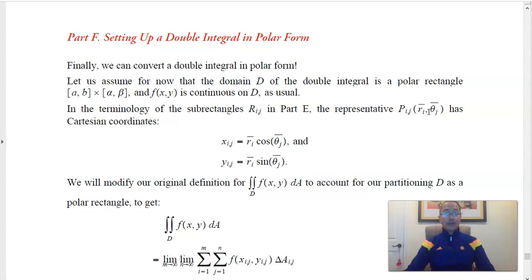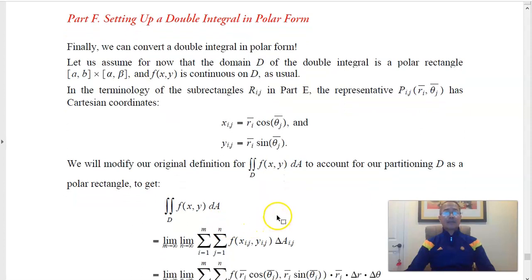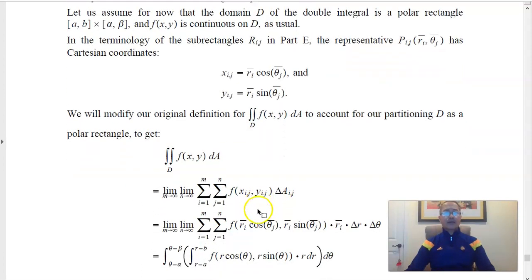Except, of course, in our double integral, our representative is called xij, yij. So xij is Ri bar cosine theta j bar, and similarly yij is Ri bar sine theta j bar. That is what we're going to substitute into the definition for the double integral over an ordinary rectangle.